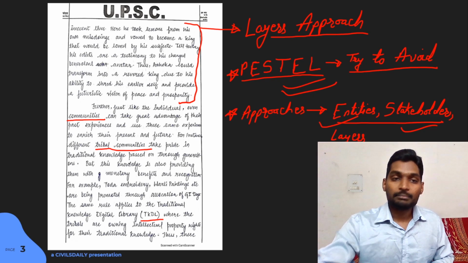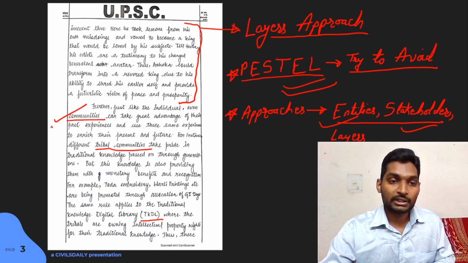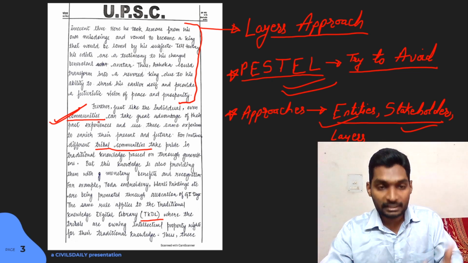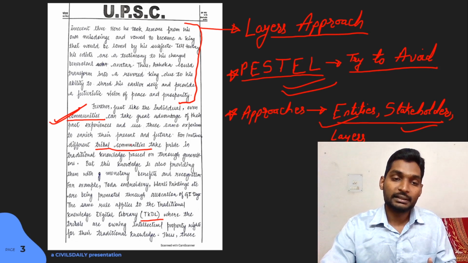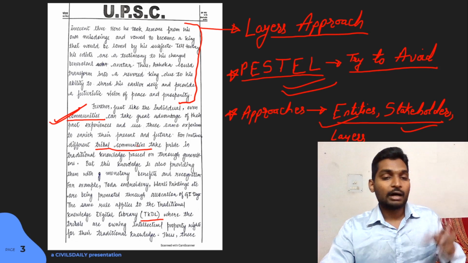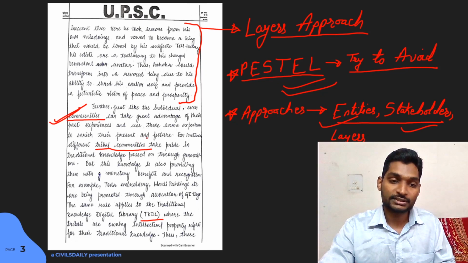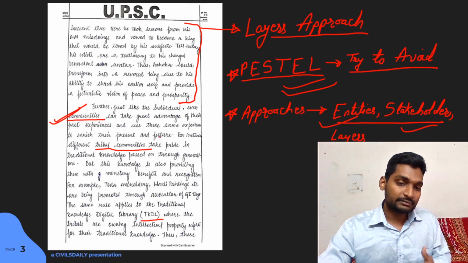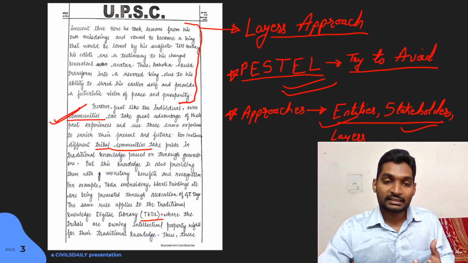Further, we move ahead and we talk about the community. After the individual level, we are talking about the community level, and we are giving reference to the tribal communities and how they are using their historical traditional knowledge to benefit. And there we have given the example of TKDL, or Traditional Knowledge Digital Library.